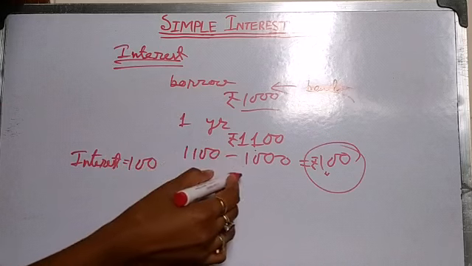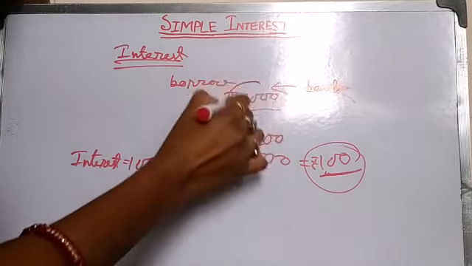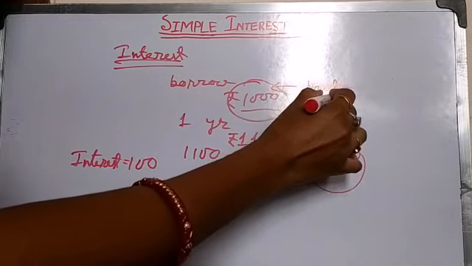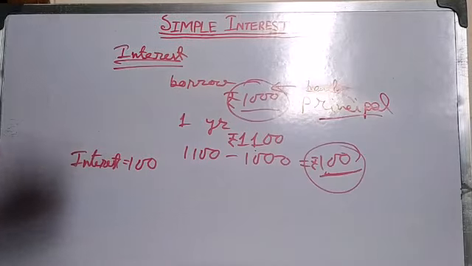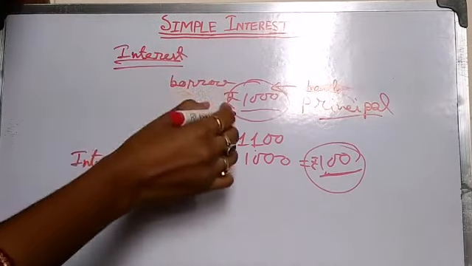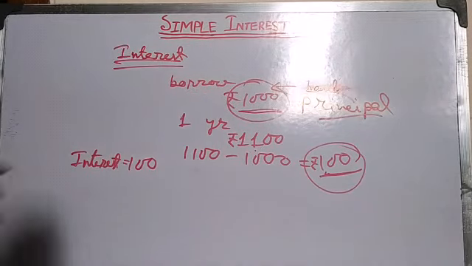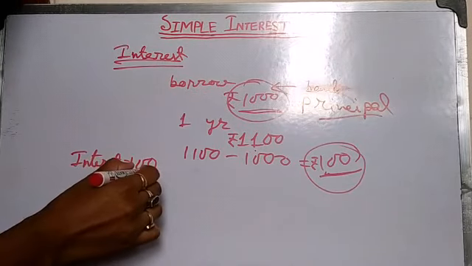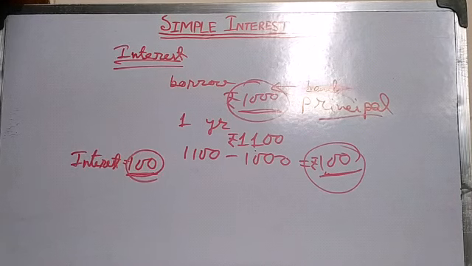So the extra money is the interest, and this is the principal money. Which money I borrow, that money is principal, and which money I have to return to the bank extra, that is the interest. So this is the relationship between principal and interest.